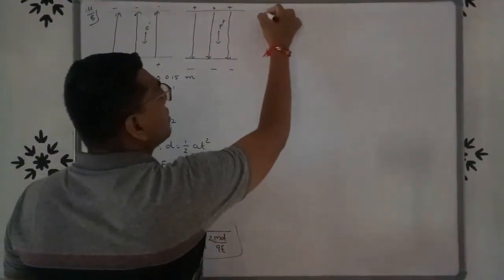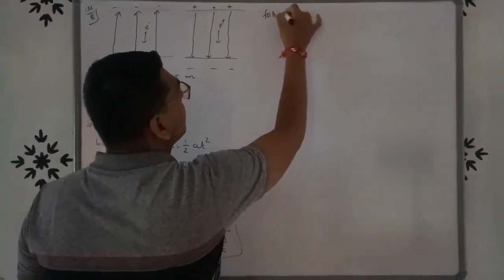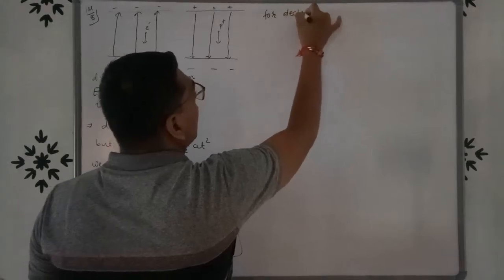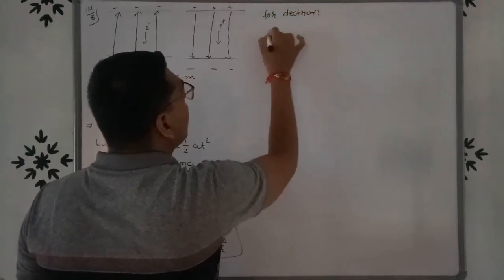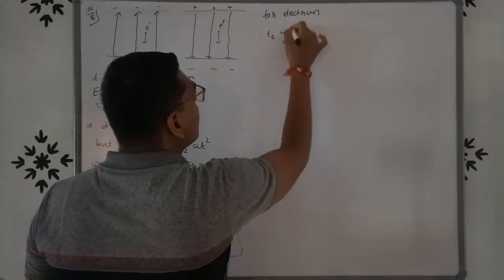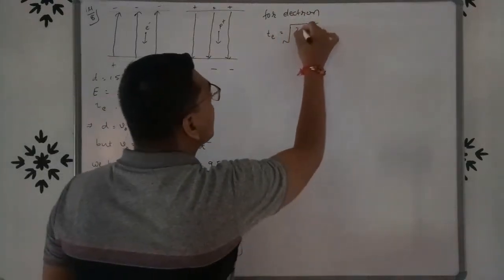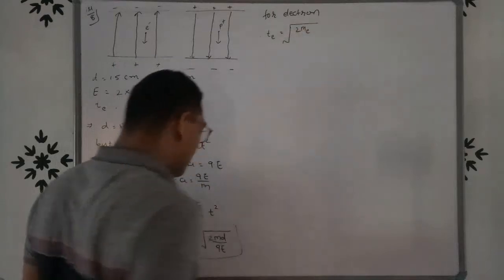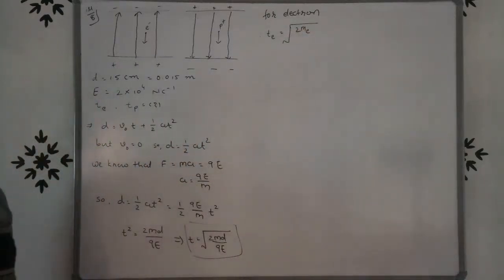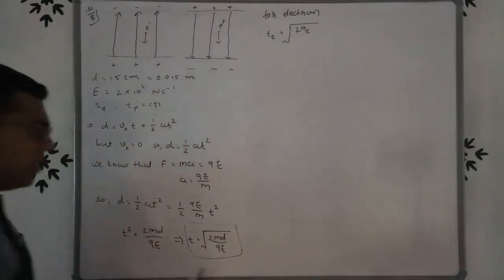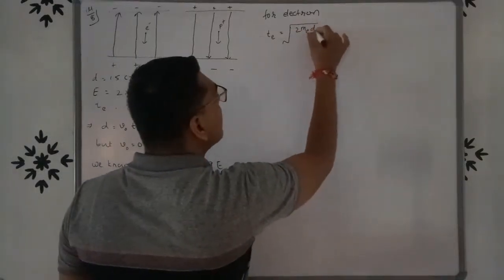So first of all, for electron, TE is equals to under root of 2 me d upon QE, because we have to find out the time of fall for electron, and distance is same.